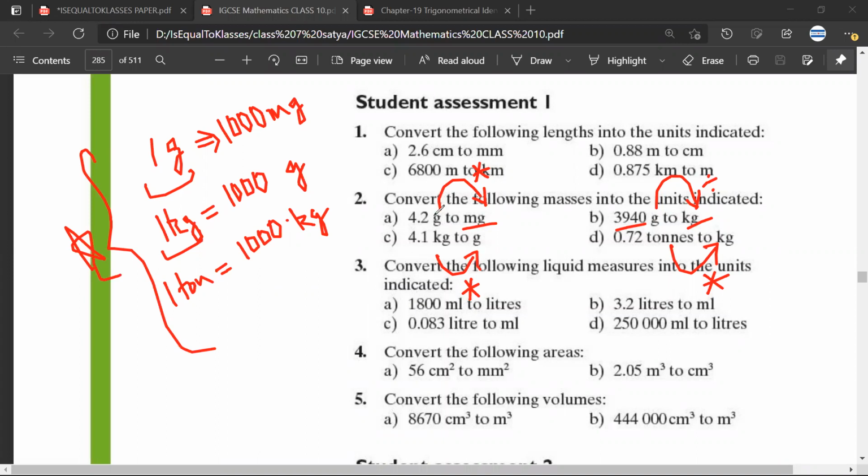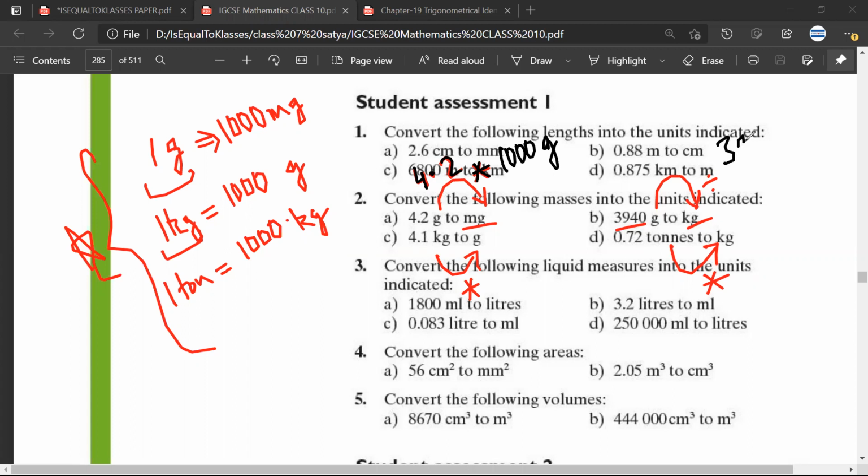Okay. So 4.2 gram to mg. What should I do? I should multiply 4.2 by, Mr. Satya, we have to multiply it by 1000. So it would be 4200. So 3940 gram to kg.